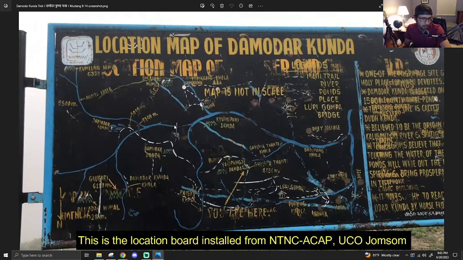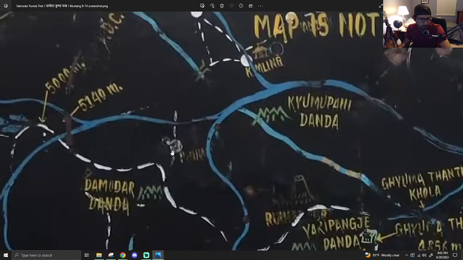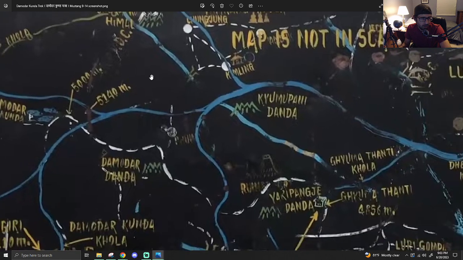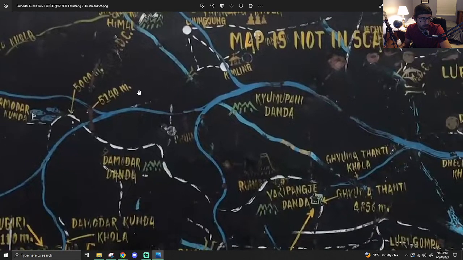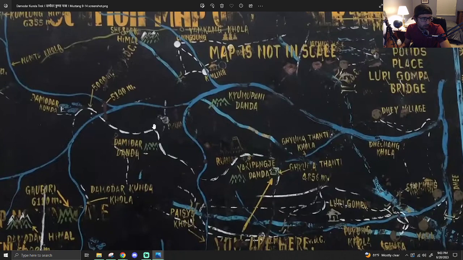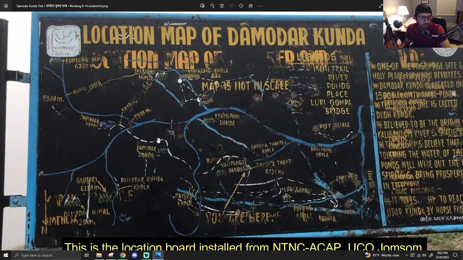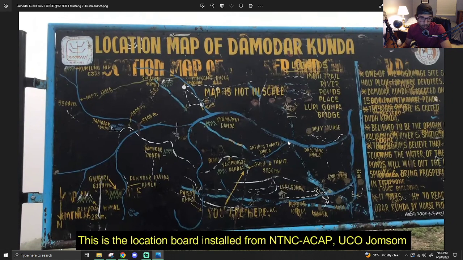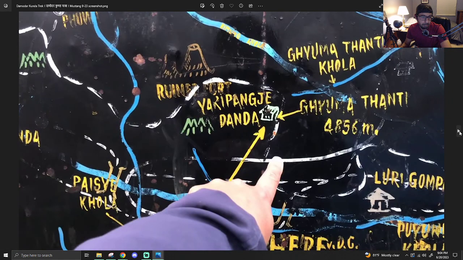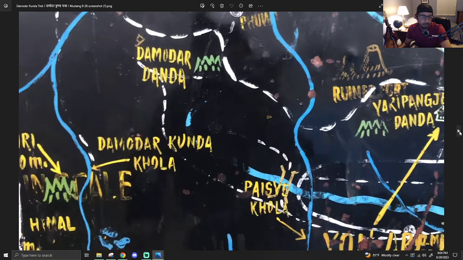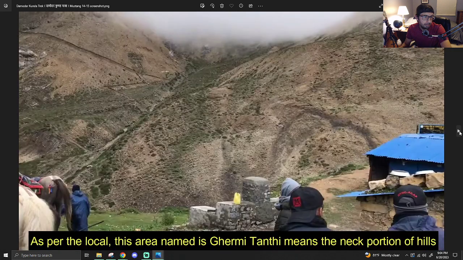Maybe the ramp is here or here. Damodar Kund? I don't think so. I don't know if it's labeled. Okay. Let's get past that. Okay, some more shots around here.